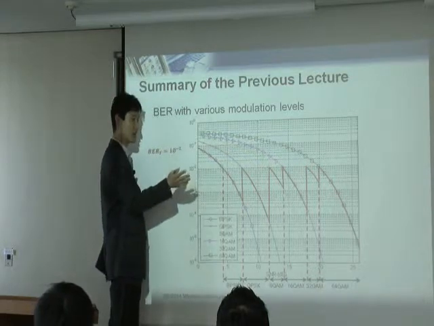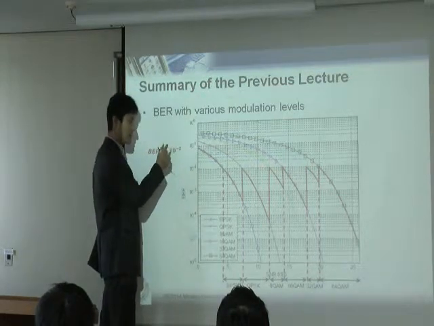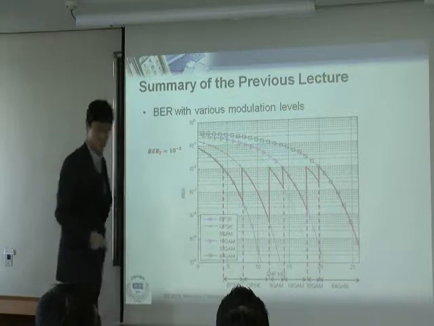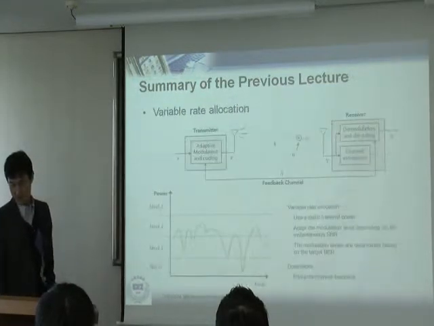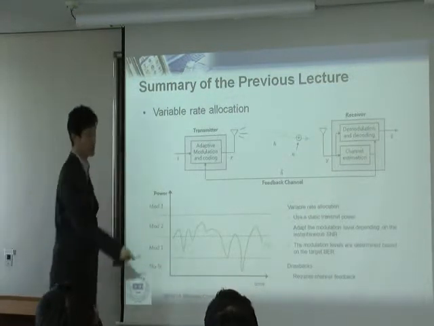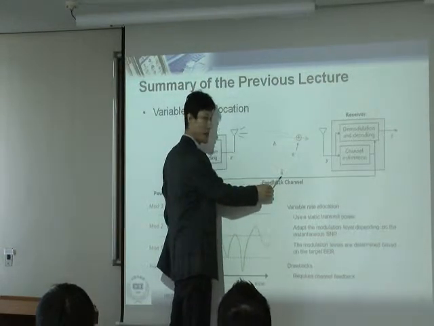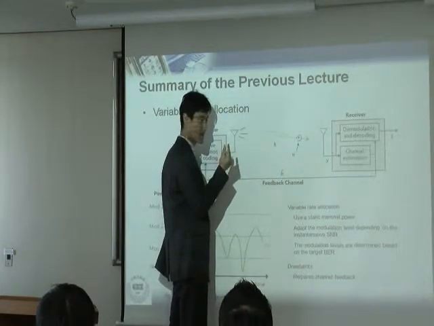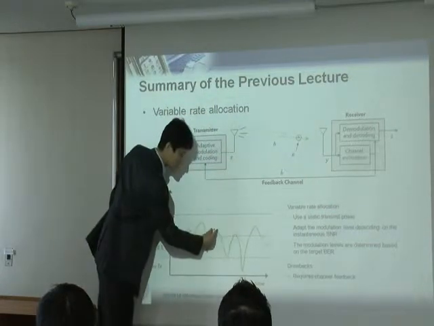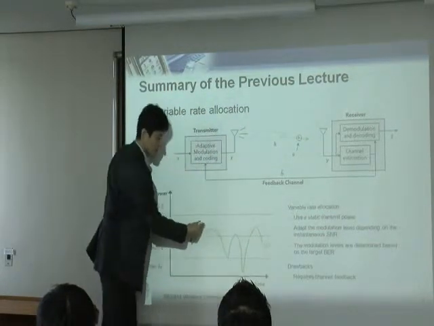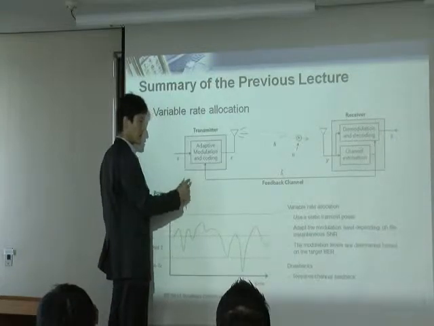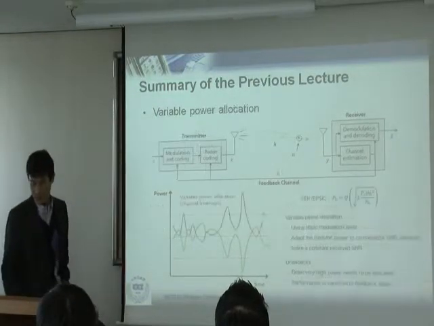So assuming that case, let's say this is our feedback. This feedback always has a delay. Let's say this delay is very tiny, like only this much. In that case, think about the power control system like this.